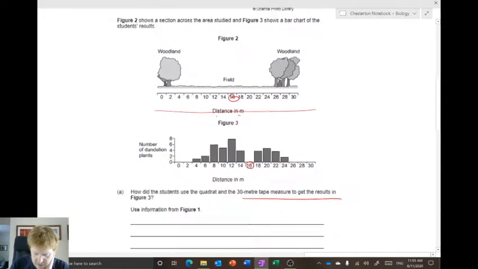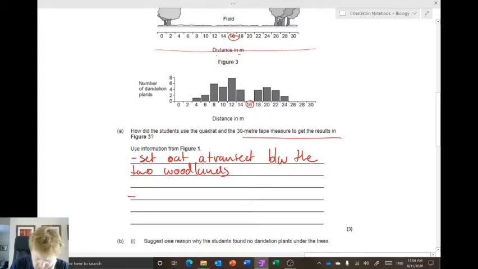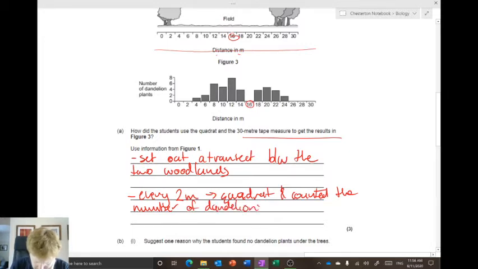So they set out a transect between the 2 woodlands. And then what they did was every 2 meters, they put down a quadrat and counted the number of dandelions in the quadrat, right?